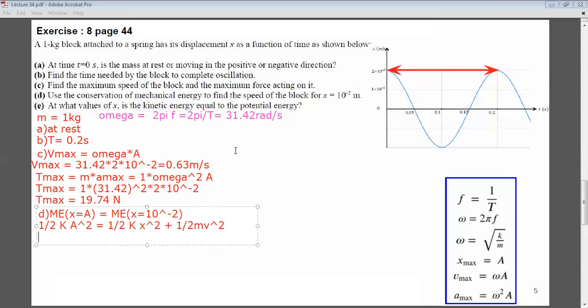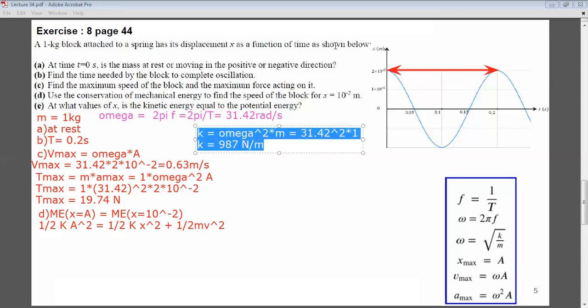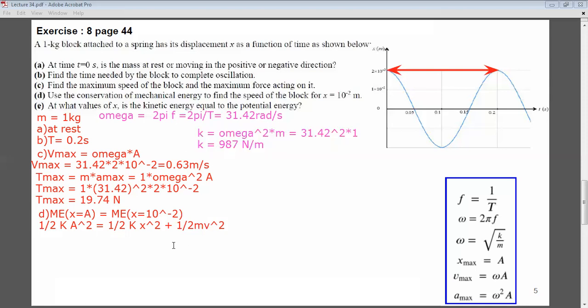K, if I didn't bring it in the previous part, I can get it now. K equal omega squared times m. Omega is 31.42 squared times m. I get K to be 987 newton per meter.